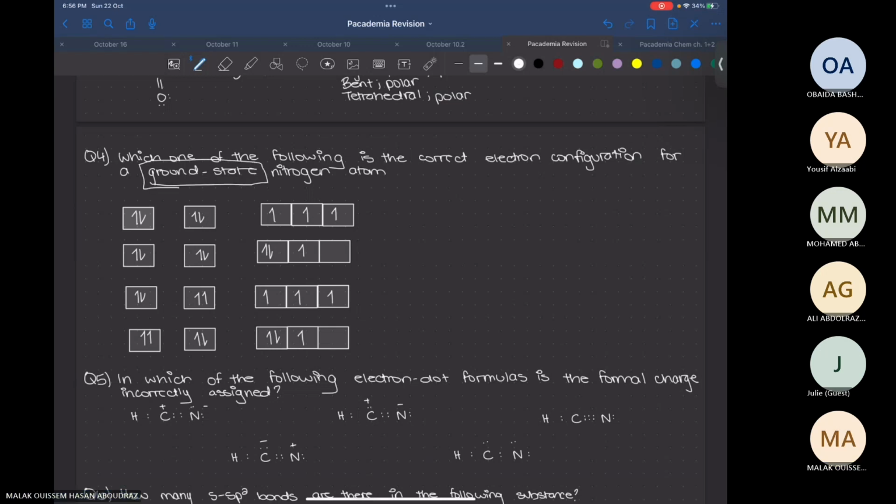Now, what does it mean when I say ground state? It's not excited. Exactly. So the charge on the atom is going to be neutral, 0. It's not an ion. It's not a cation. It's not an anion.